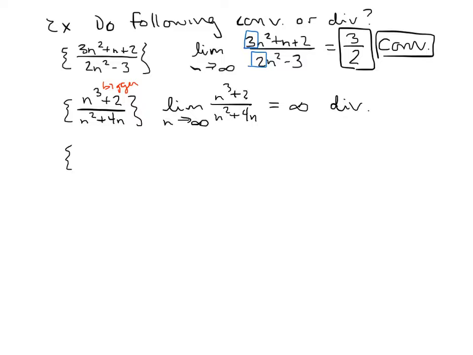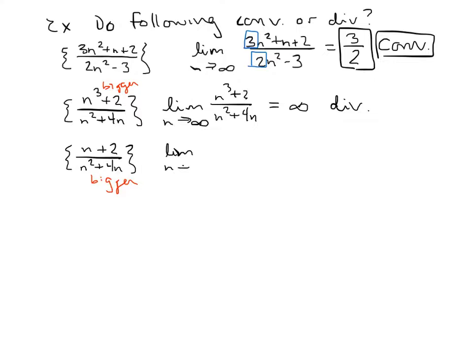Now, what about n plus 2 over n squared plus 4n? Notice on this one that the power in the bottom is bigger. If the power in the bottom is bigger, you can think of this limit as 1 over infinity.